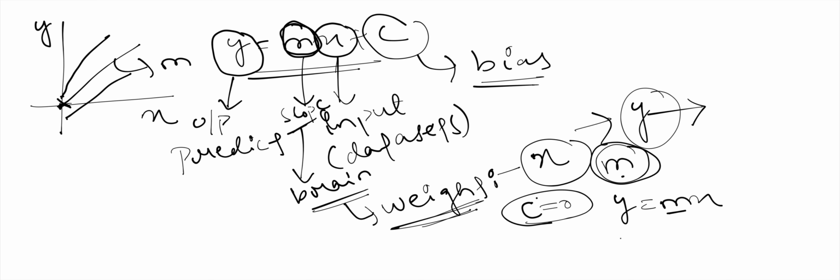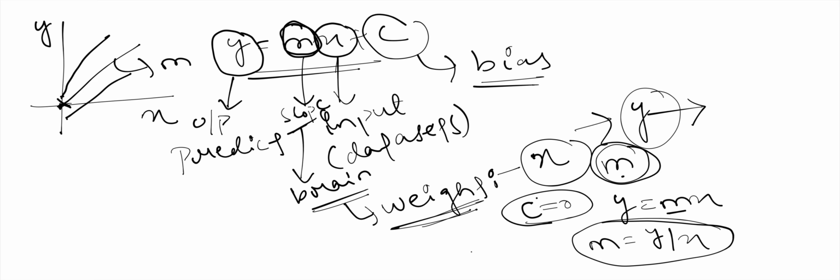So you might say, bro, it's easy. We want to calculate m. M is equal to y by x. Yeah, it's simple when we are dealing with normal numbers. Suppose I give you the input x is equal to 1 and I want y is equal to 2. In that case, it's simple.